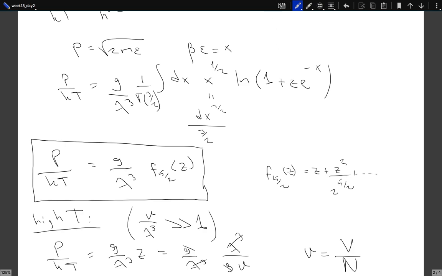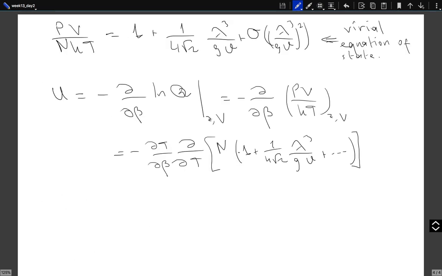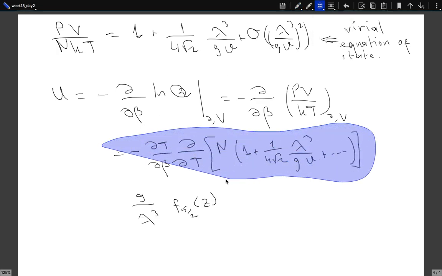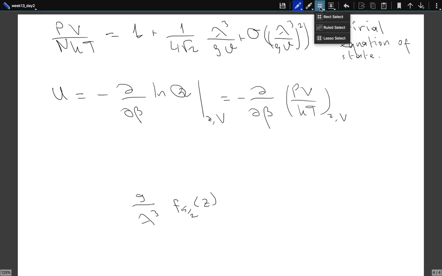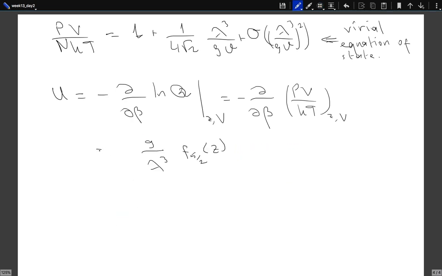Let's multiply this by V, the logarithm of q. Derivative with respect to beta at constant z and V. Now the only place where beta appears is that lambda.